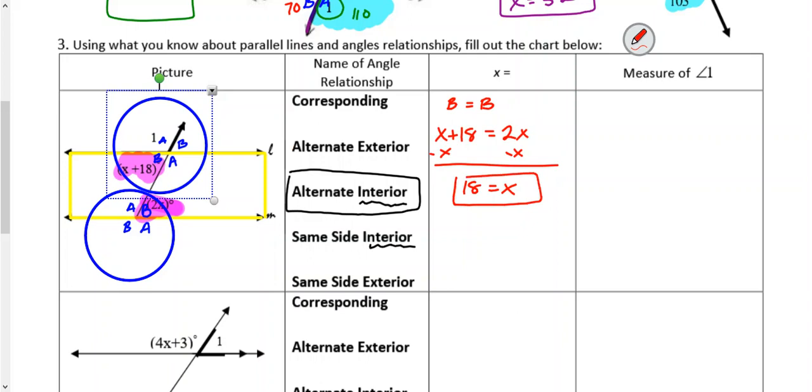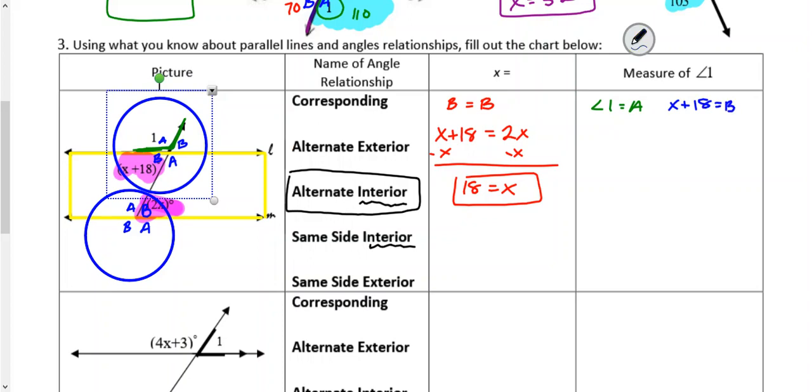Then the final column is asking us to find the measure of angle 1. Angle 1 is up here at the top, and that's a letter A. So if angle 1 equals A, and I don't know anything else about A, I'm going to have to use one of the B's, and I'll just use the x plus 18 because that's right next to it.